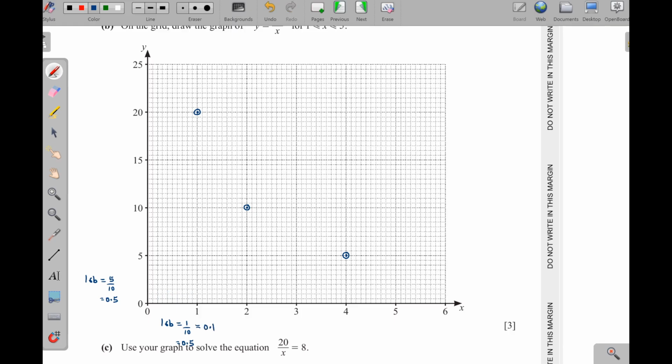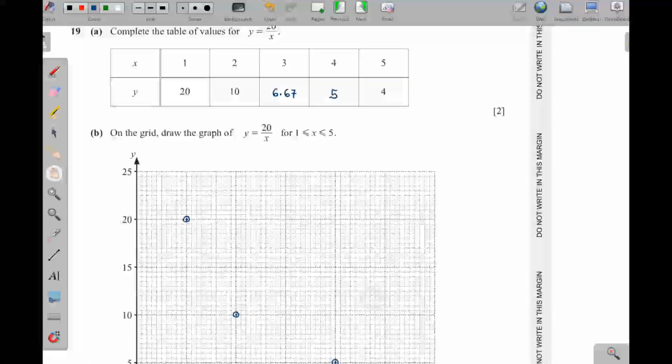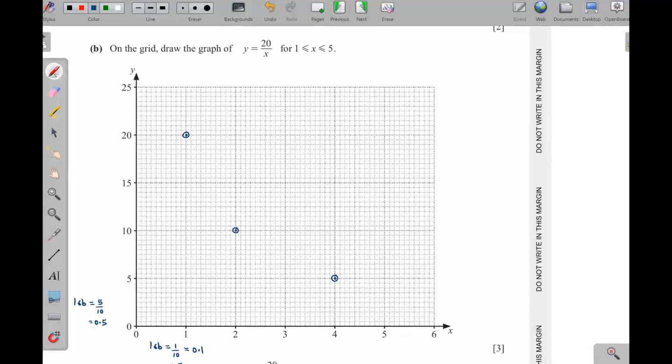So this one will be 0.1. Now, x is 3. If x is 3, then y is 6.67. So this will be 5.5, then 6.5, this will be 7.